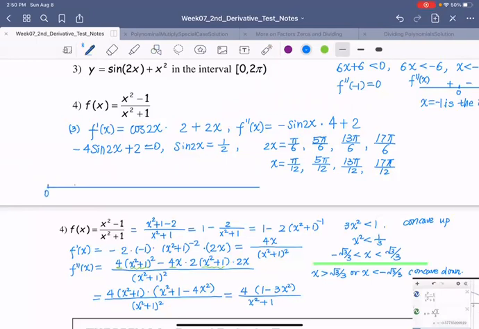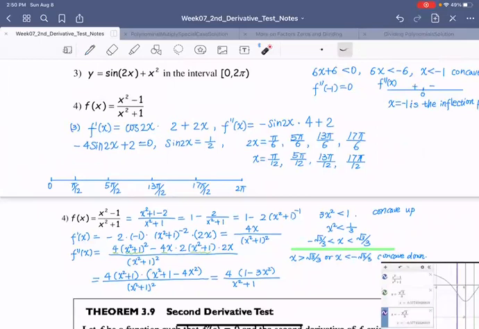We start from 0, and then we put pi over 12, 5 pi over 12, and this is 2 pi, which equals 24 pi over 12.